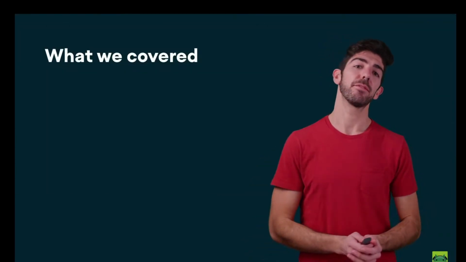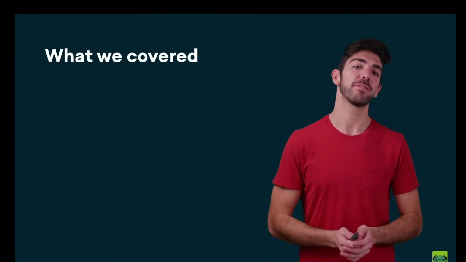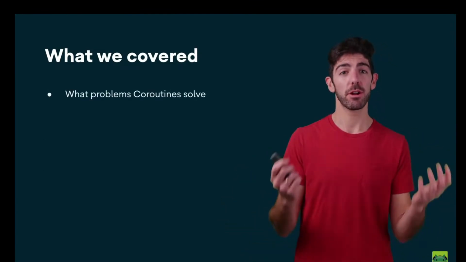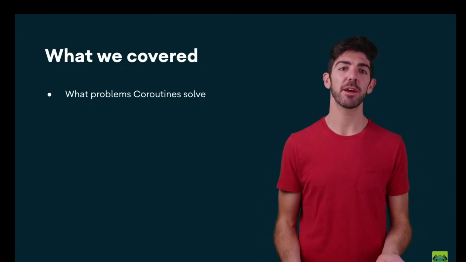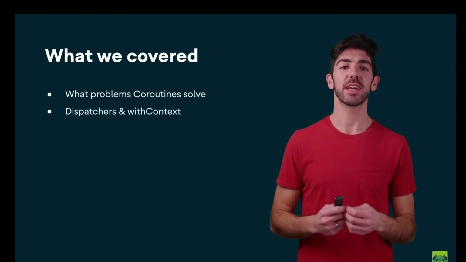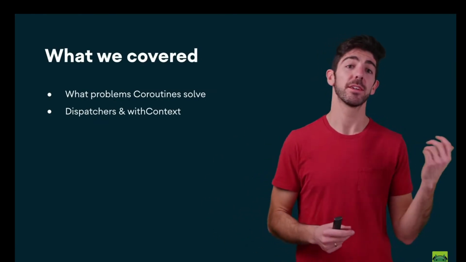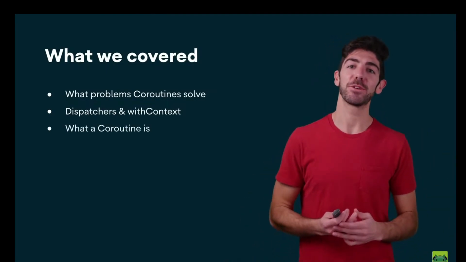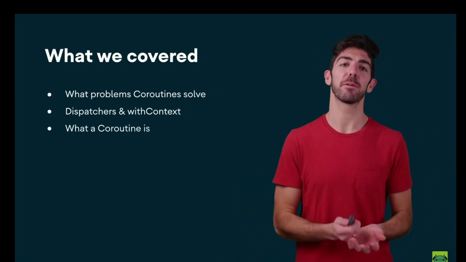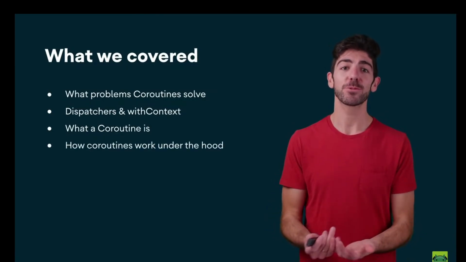That's going to be the end of the video. We went through a lot of stuff. So we said what problems coroutines are trying to solve in Android, which is simplifying asynchronous programming, how we can move the execution to a different thread using dispatchers and withContext, what a coroutine is, that basically you can think of it as a runnable with superpowers, how coroutines work under the hood.